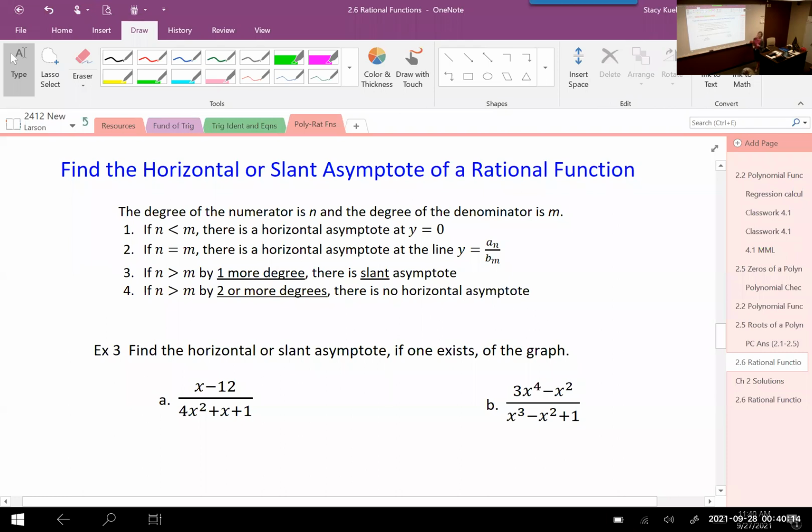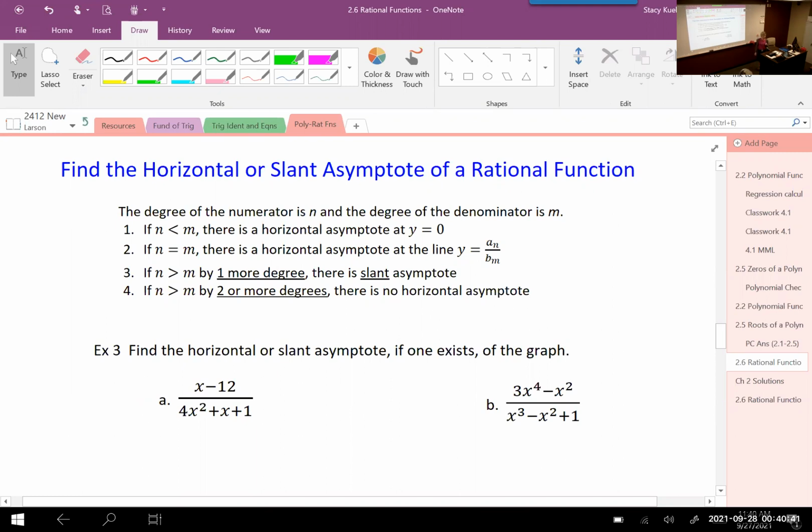Now, if the degree of the numerator is greater than the denominator by only a power of 1, if it's 1 more than the denominator, we have that slant or oblique asymptote, okay? And if it's 2 or more, we don't have any horizontal or slant asymptote in that particular case.